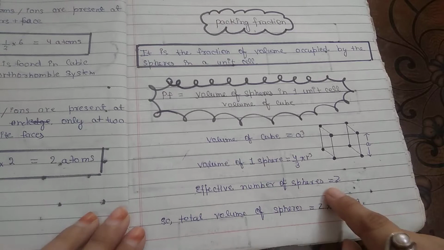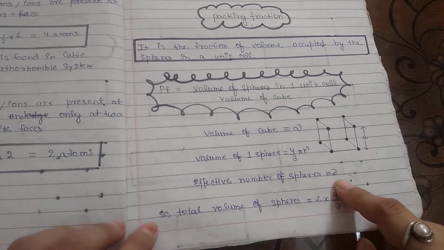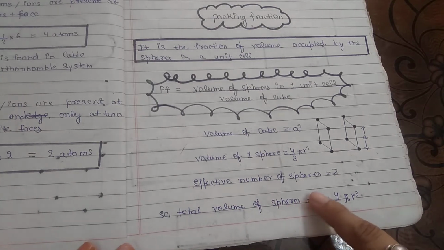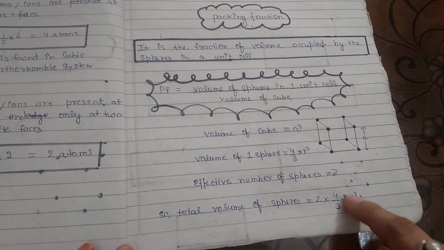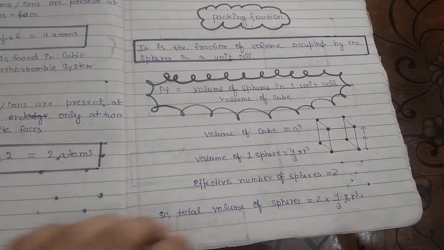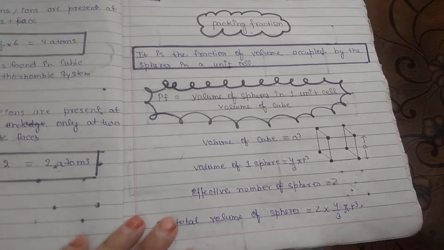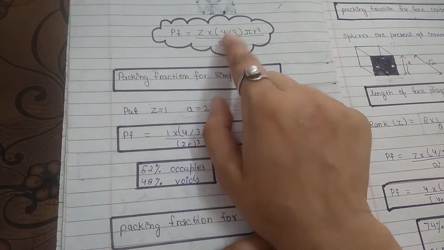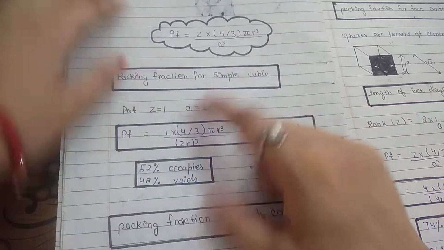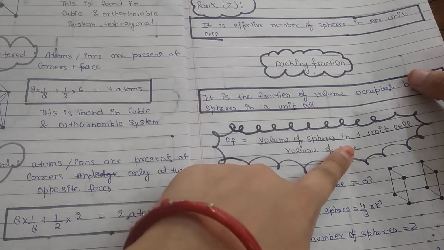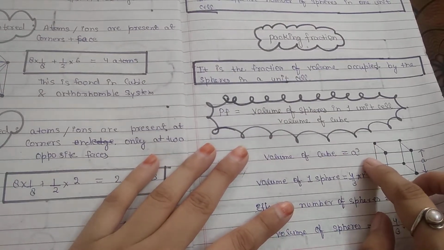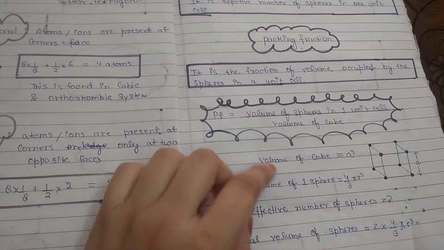The effective number of spheres is z. So total volume of spheres is equal to z into 4 upon 3 pi r cube. Packing fraction is equal to z into 4 upon 3 pi r cube division by volume of cube. Oh, I made a mistake.